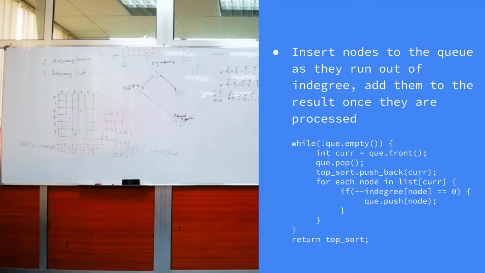But we do not push them into the queue until all of their dependencies are completed, in other words, until their in degree reaches 0. Is this clear with everybody? Because if there are still some dependencies left, there is no way we can execute it right now. We have to deal with them first.